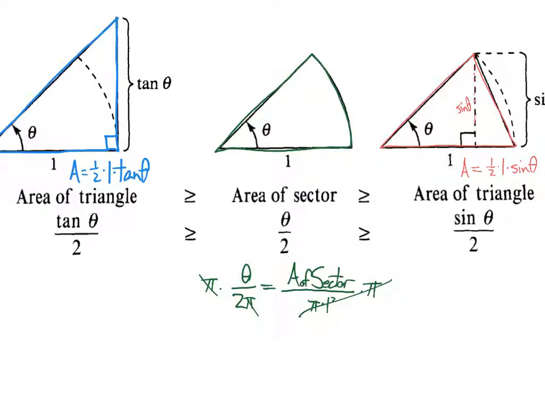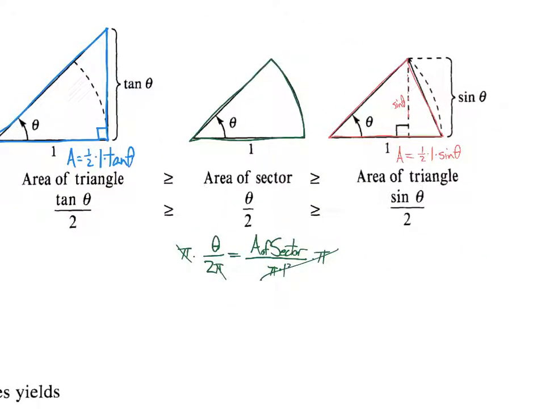Now, here's where you've got to know where you're trying to go in order to manipulate what we have to get there. Right now we have this 3-part inequality. The area of the sector is between the areas of the 2 triangles.